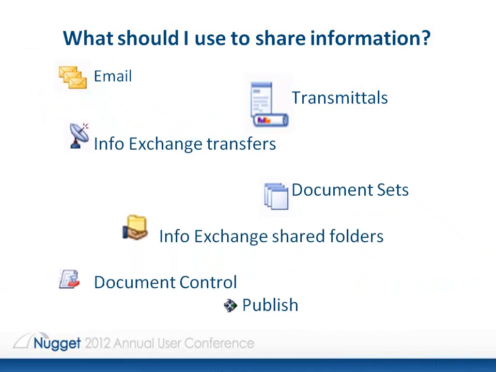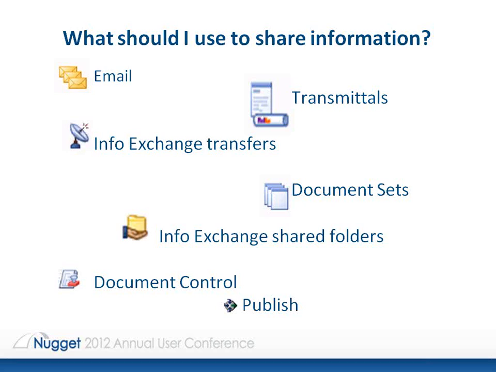We have just the basic email, but then there's this whole Transmittals activity center and what you can do with that. And then there's info exchange, but you have just regular info exchange transfer, but then you also have shared folders. So, when is it good to use one over the other?